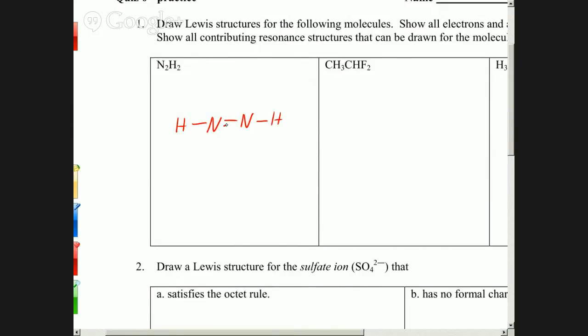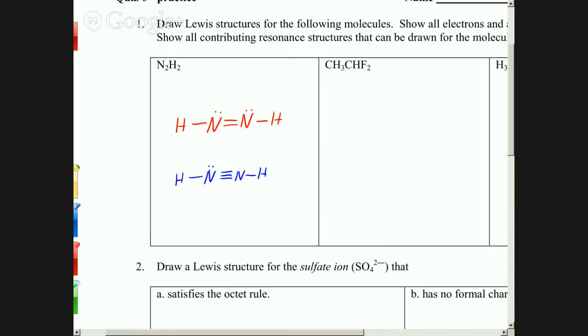Double bond in the middle. Like that? Okay. Anybody get something different? Okay. So let's draw that one too. So like this. Like that? Okay.